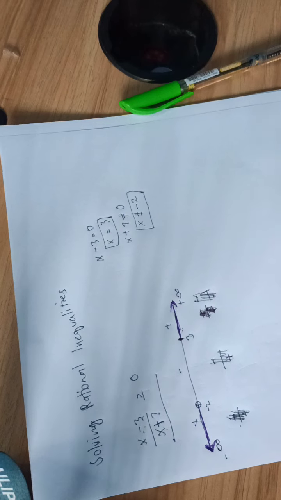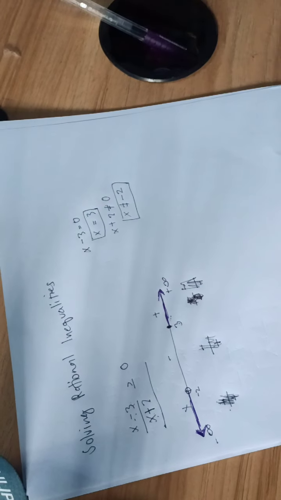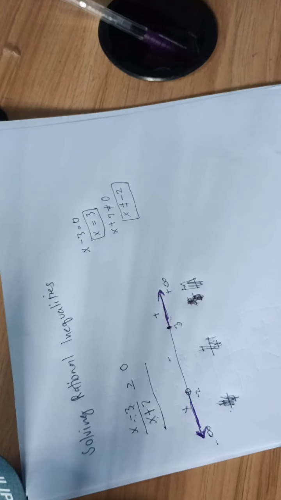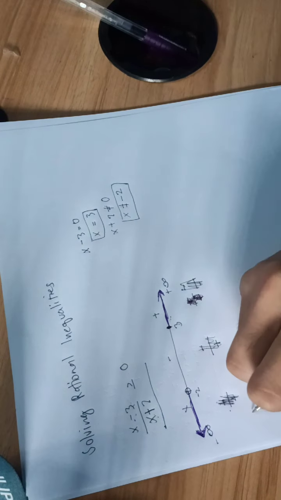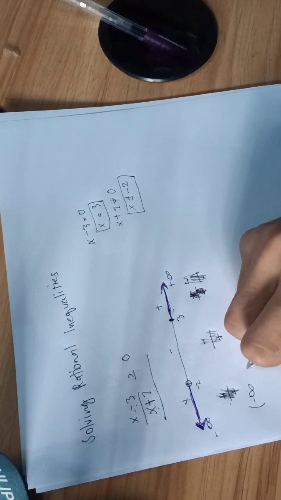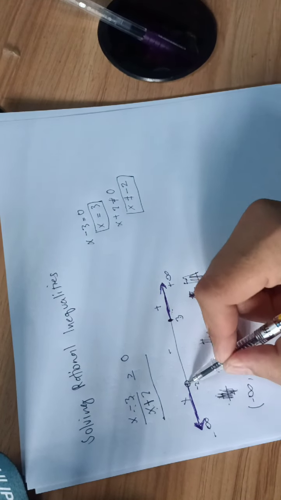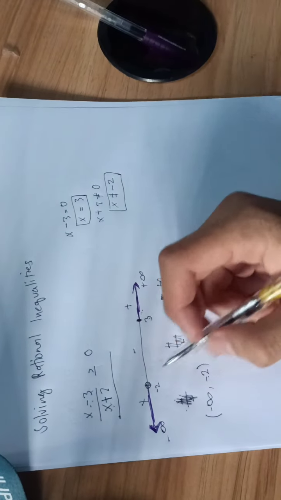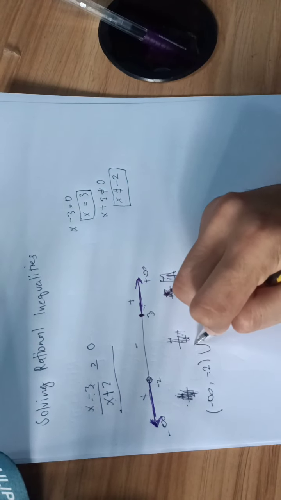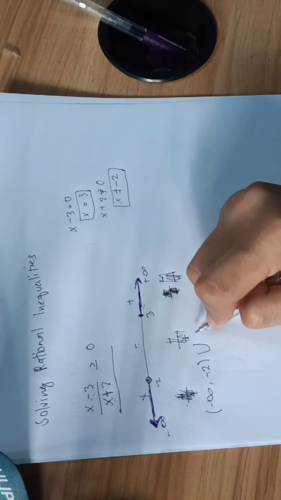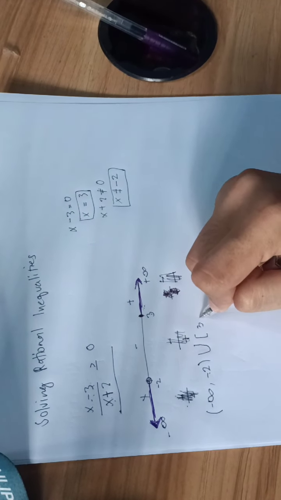Then the solution, that region and the region to the left, in interval notation is going to be negative infinity to negative 2, with a parenthesis because it is an open dot, then the union, then 3 to positive infinity.